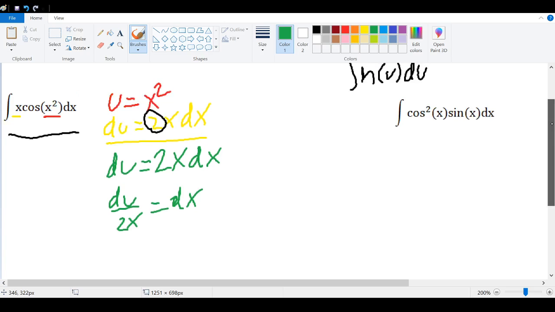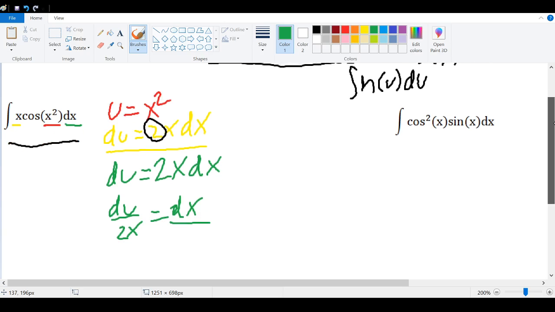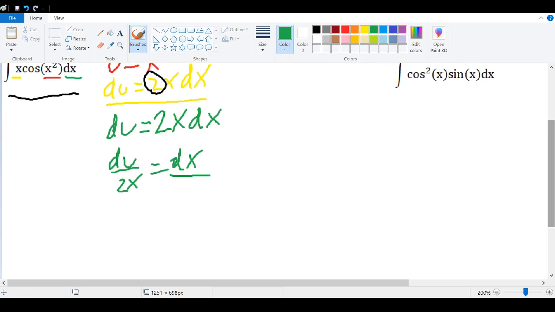And so what we can do now is we can just substitute du over 2x in for dx in the integral. And so if we do that, and we change everything to u, we'll now have the integral of x times cosine of u.